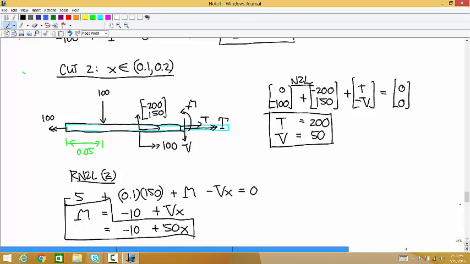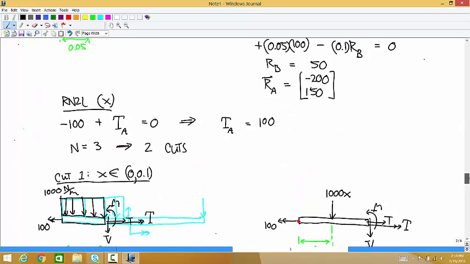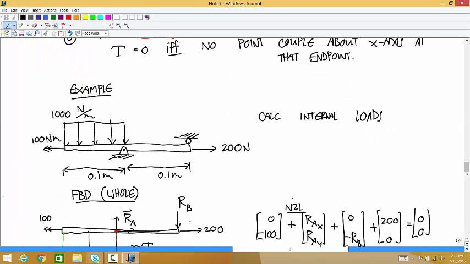On cut 2, what's the value of q equal to? So remember, if you look at the original picture, if we're doing a cutout here past where the distributed load is, q is just equal to 0, right? So anytime your cut isn't inside a distributed load, that's just saying your shear force has to be a constant.